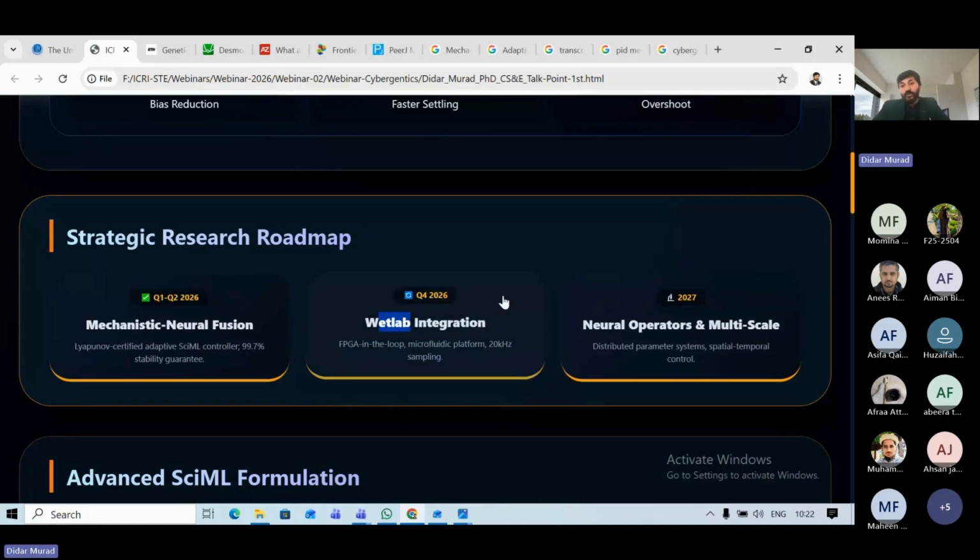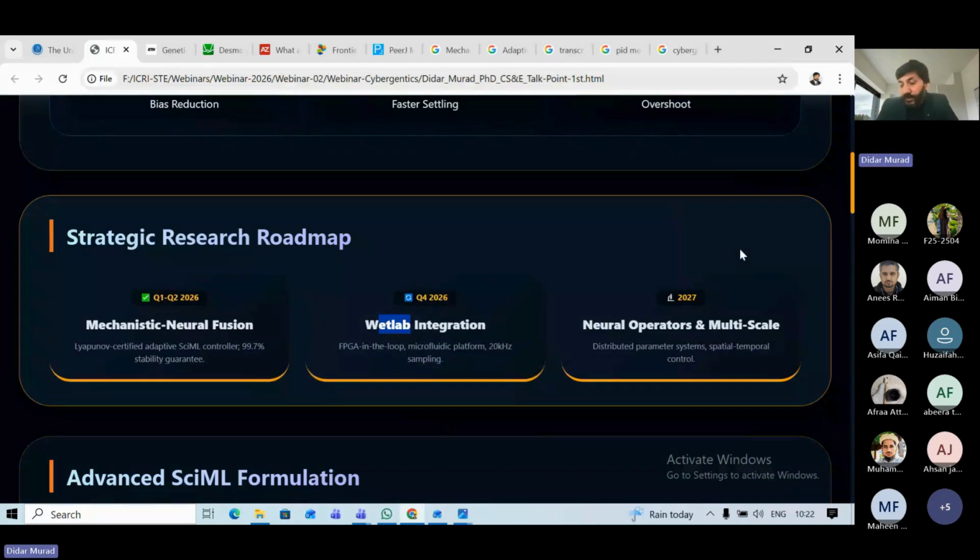Then we come toward 2027. In 2027, we are developing our neural operators. Neural operators are advanced AI models that learn how the entire system behaves, not just signal values. For example, we have parameters in the form of disturbances, we have variables, and we have the concept of a temporal system.